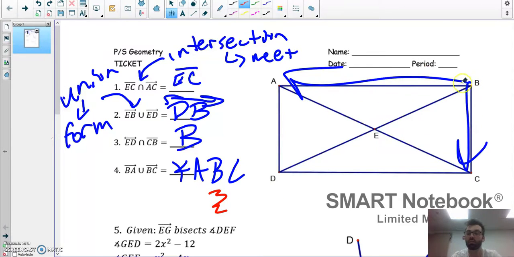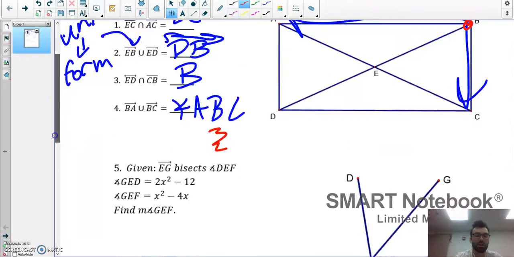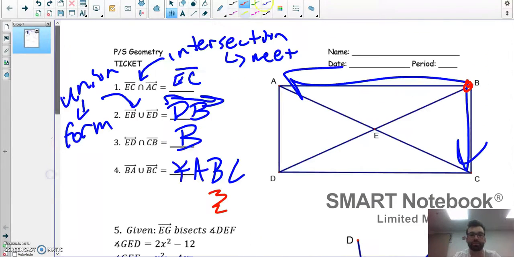Because both rays start at B. They both have a starting point of B. That's our connecting point, so that has to be our vertex. And be careful when you write point B in number 3: make sure you write just the letter B and don't throw an angle symbol in here, because that would be incorrect. I don't want you to get silly points off on your upcoming test.